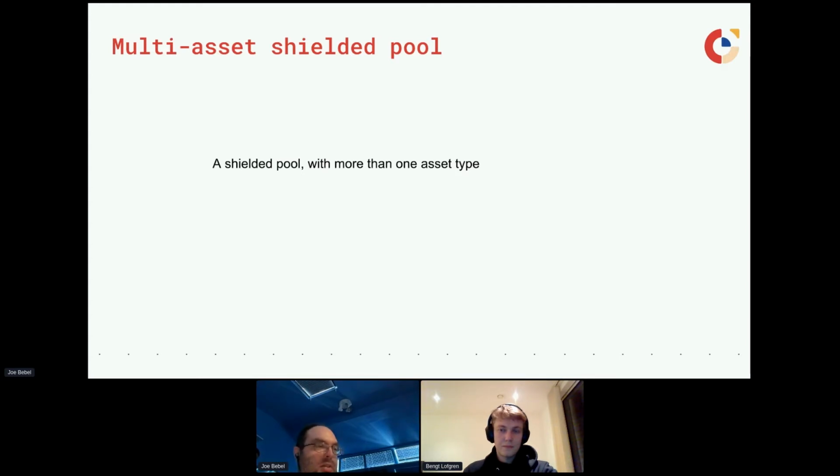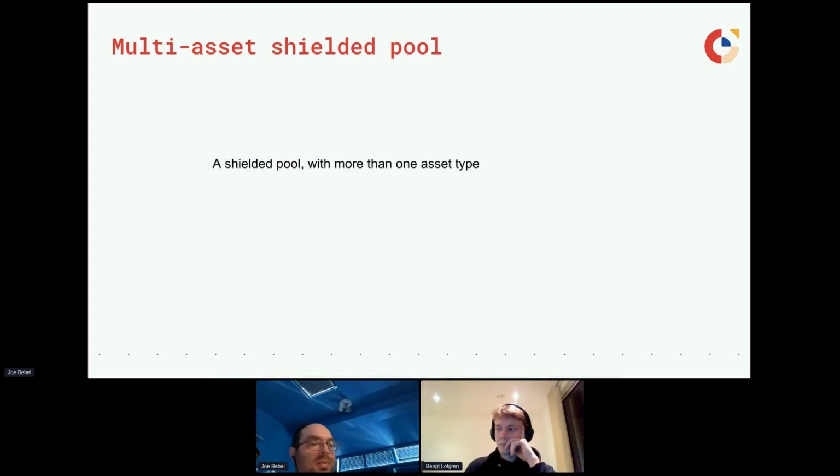So we want to start from the existing examples, again, most notably Zcash, which support really one asset type. In the case of Zcash, it supports the native Zcash token. In other cases, it may support whatever native token there is for the pool.